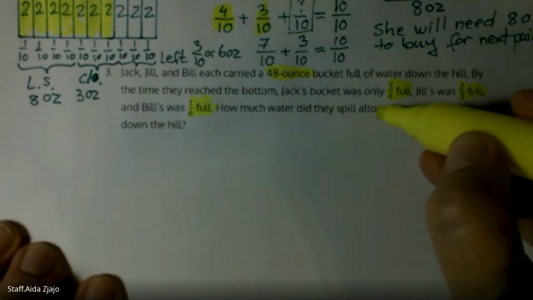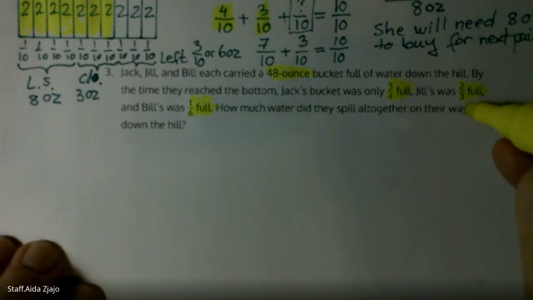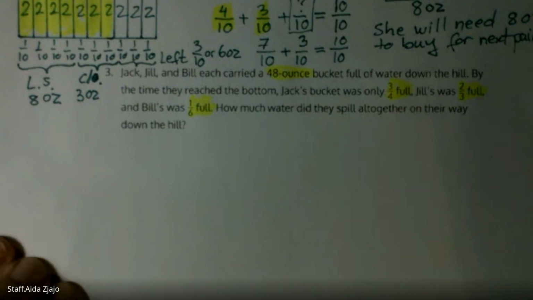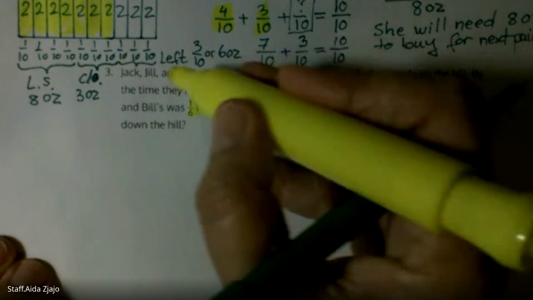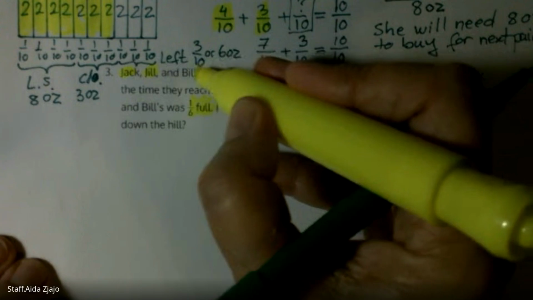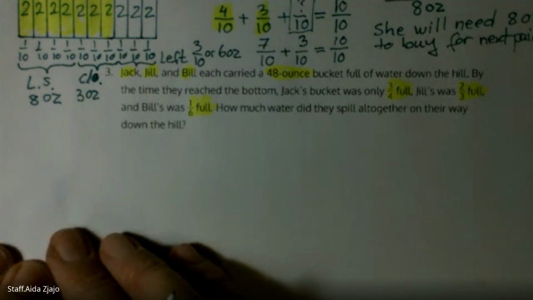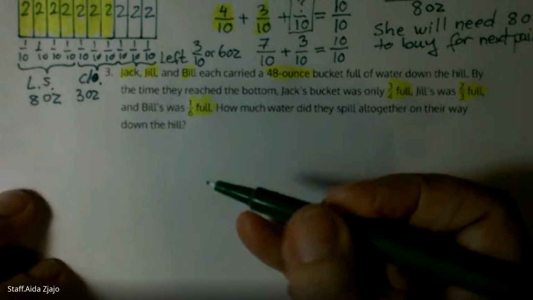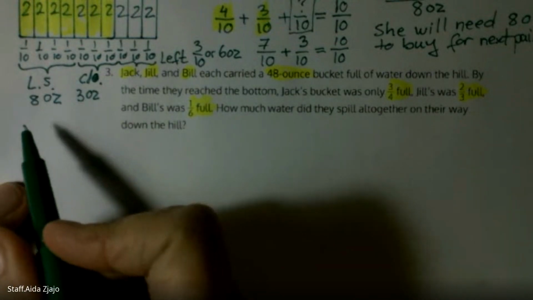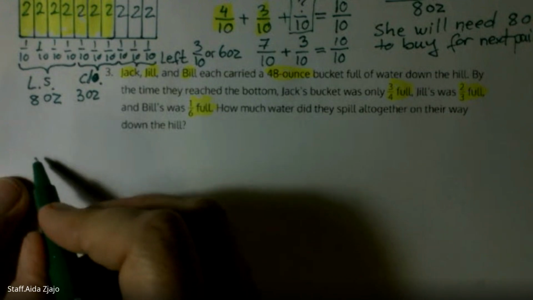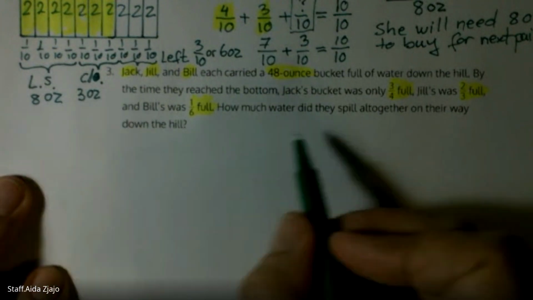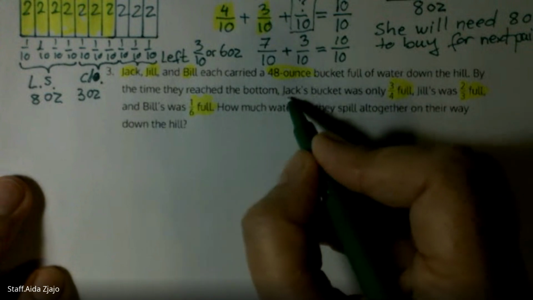How much water did they spill all together on their way? So, taking that each of them had a bucket, and the bucket was full, if the bucket was full, for example, the full bucket was 4/4 for Jack.